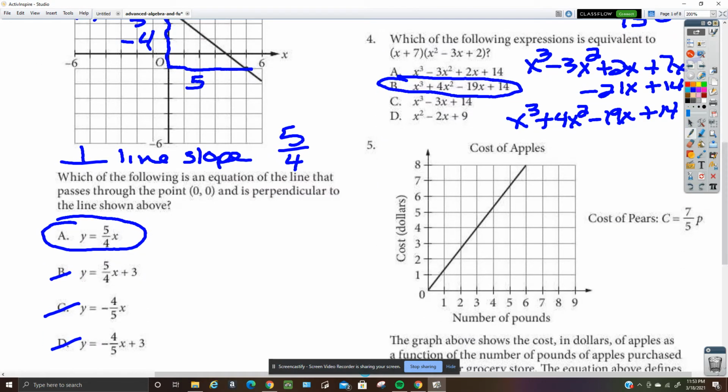In question 5, cost of apples would be C equals, and you want to find the slope here. So it's 4/3.